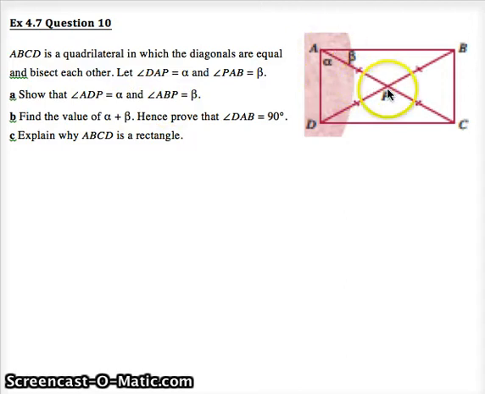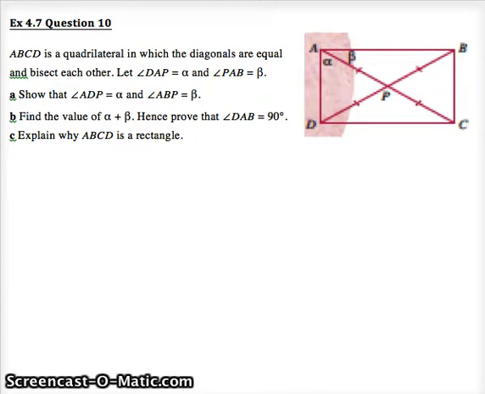Now we can see that triangle APD is an isosceles triangle because we have two equal sides. Therefore that's fairly straightforward in that the base angles of the isosceles triangle would be equal, so angle DAP is alpha, which is equal to angle ADP, which is also alpha.